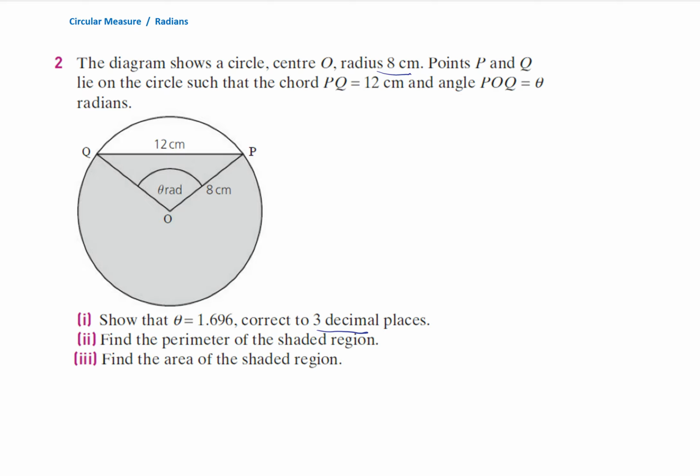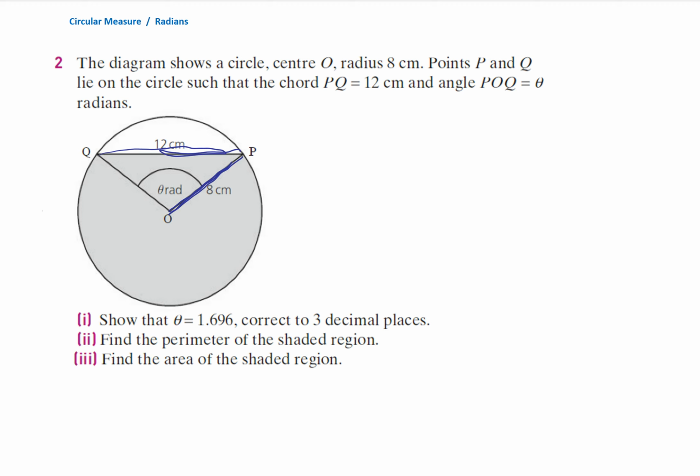So for the first bit, everything is using formulas. We need to show that theta is 1.696. We are given the radius and we are given the length of this chord.